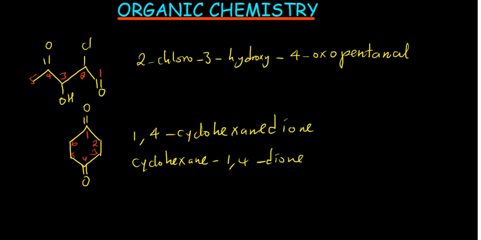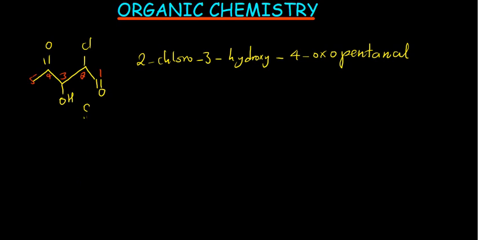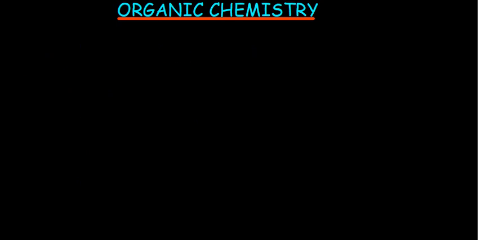Okay, so we are still naming ketones and aldehydes. Now let's consider this one. We've got Cl. How do we get to name this compound?